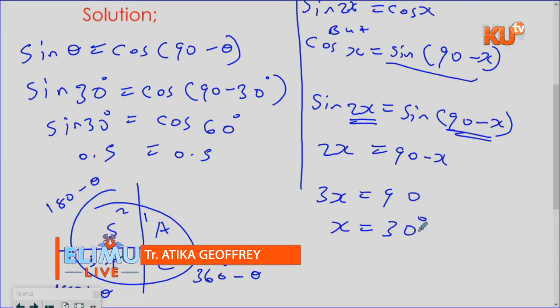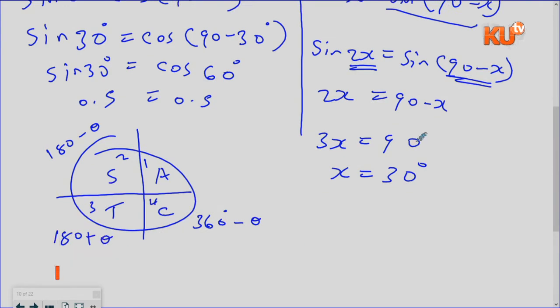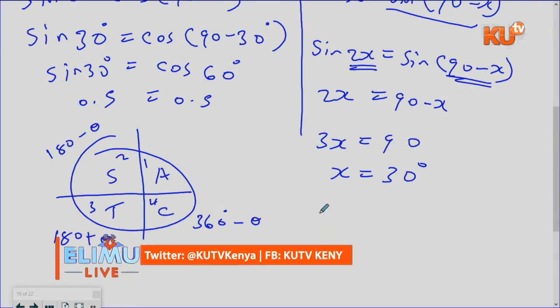Our theta here is 30, so 180 minus 30 will give us 150. So in short, our x can also be equal to 180 minus 30, that will give us 150 degrees.